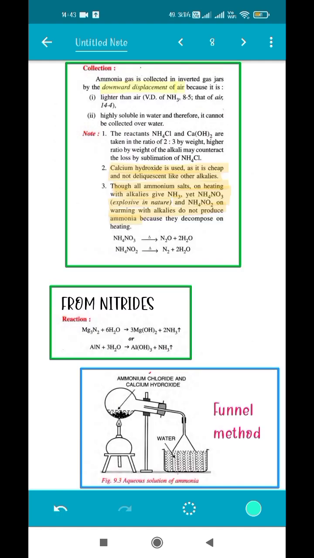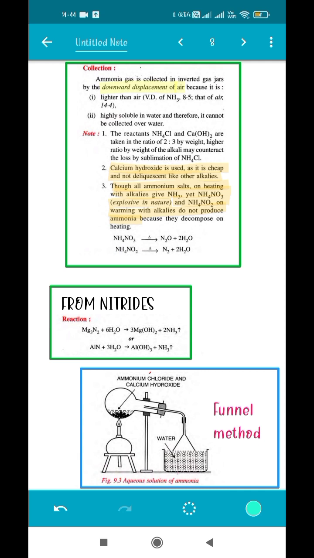Next, how is ammonia collected? In the hydrogen chloride chapter, we learned that hydrogen chloride was heavier than air, so it was collected by the upward displacement of air. Air was moving upwards and hydrogen chloride was moving downward. But in this case, since ammonia is lighter than air, it is collected by the downward displacement of air. So air will move down and ammonia will move to take its place.